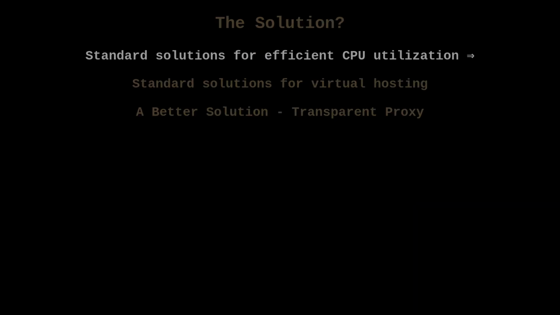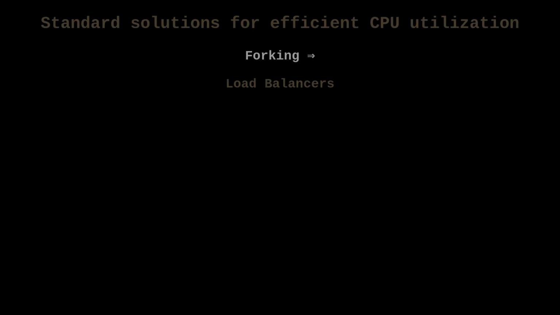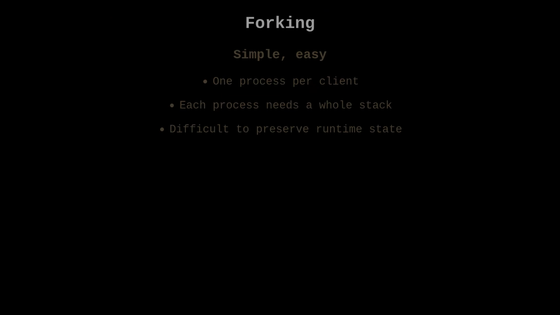Well, the standard solutions for efficient CPU utilization, the old solution, and this is something that the old Apache web server would do, is called forking, where you just create a second copy of the web server with each connection that's coming in. It's very simple from a programmer's perspective, but it has some severe resource limitations.